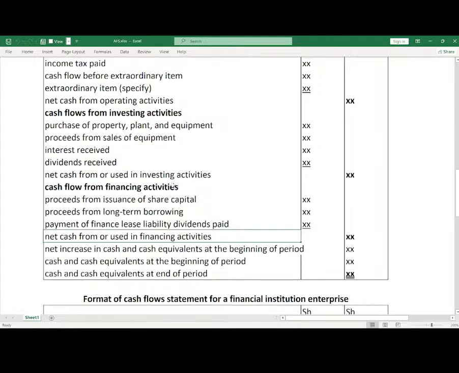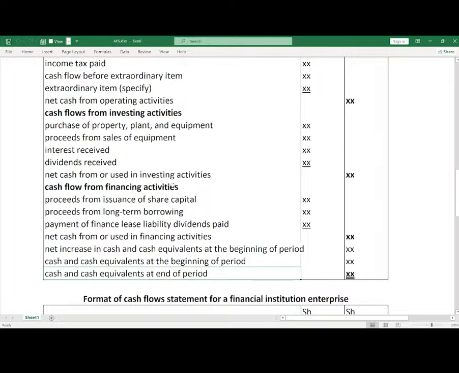So after that, we get now the total net increase in cash and cash equivalent, and we add the cash and cash equivalent at the beginning of the period, so that at the end we have the cash and cash equivalent at the end of the period.